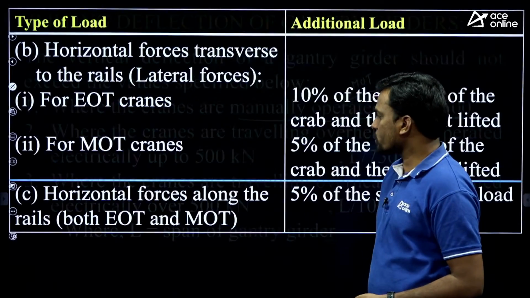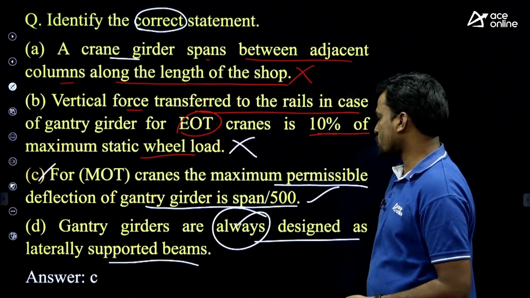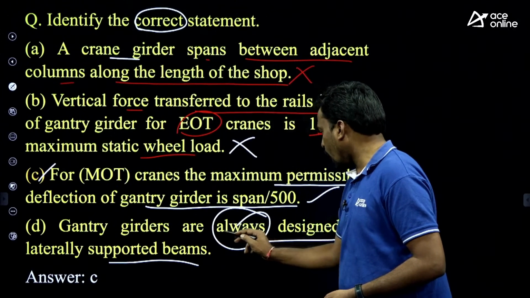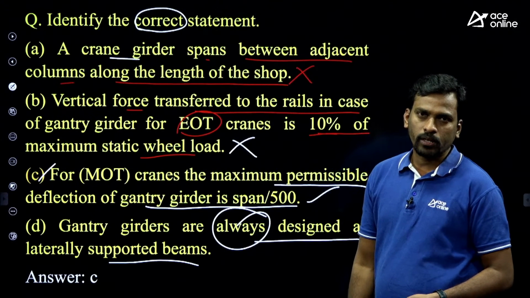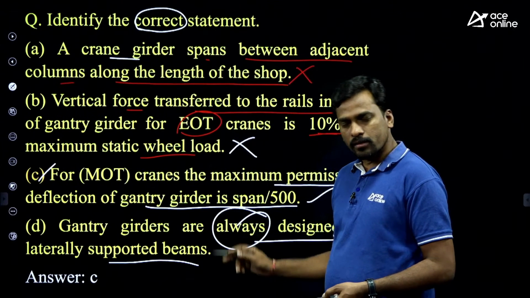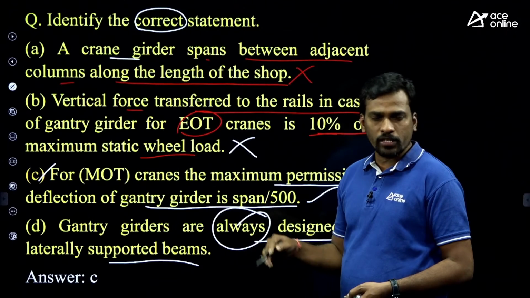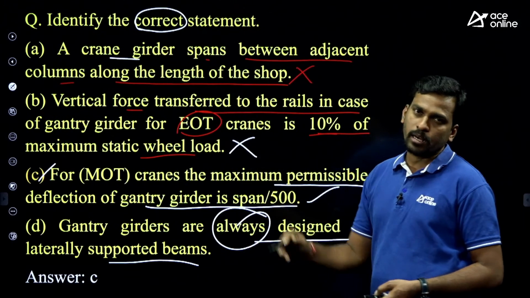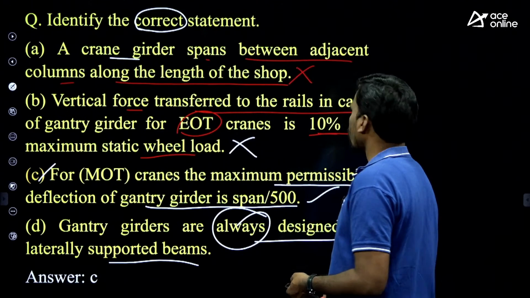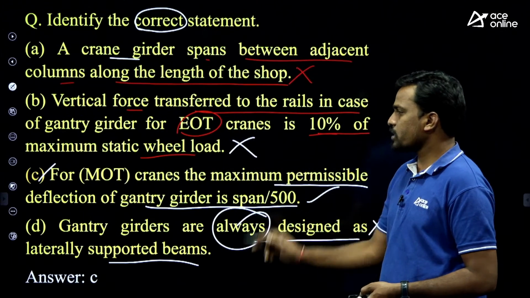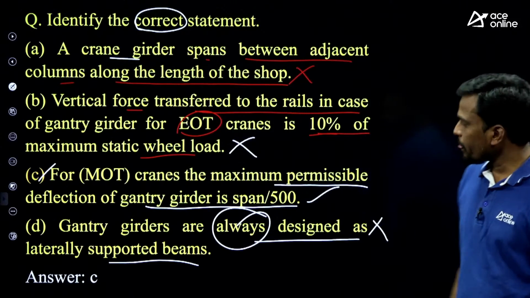So the statement that gantry girders are always designed as laterally supported beams is wrong. If a catwalk is present, it is laterally supported; if there is no catwalk, it is laterally unsupported. So statement D is also wrong. Then only option C is correct.